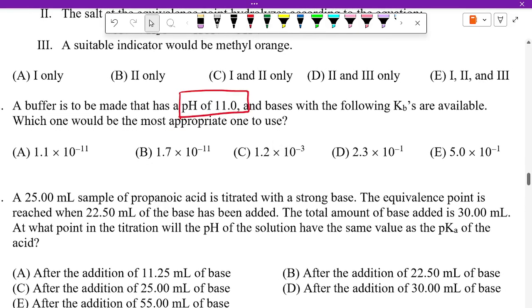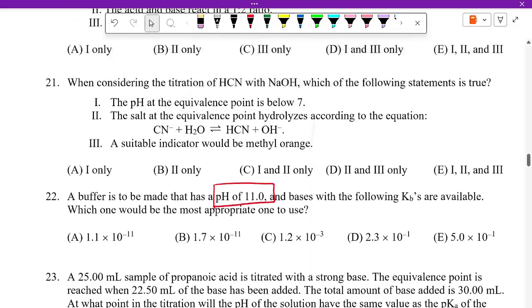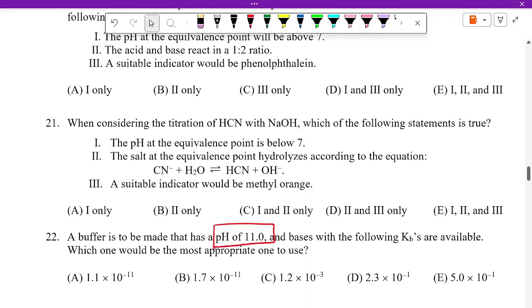When considering the titration of HCN, a weak acid, with NaOH, a strong base, which of the following statements is true? Is the pH at the equivalence point below 7? Everybody should be able to say no.